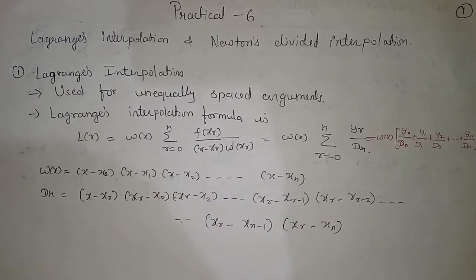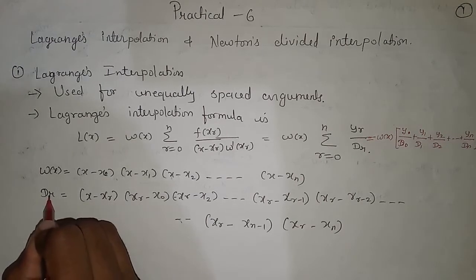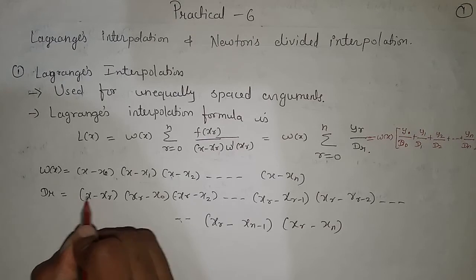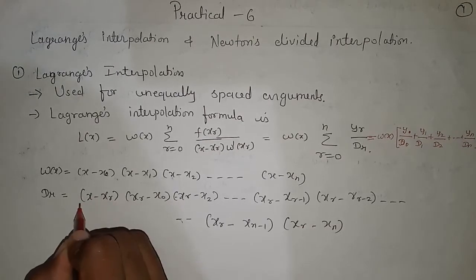But this is n terms, and we want a product of n plus 1 terms, so one term is left, which is x0 minus x0. If we multiply by x0 minus x0, then the entire d0 becomes 0. So instead of x0 minus x0, for d0 we will use x minus x0.